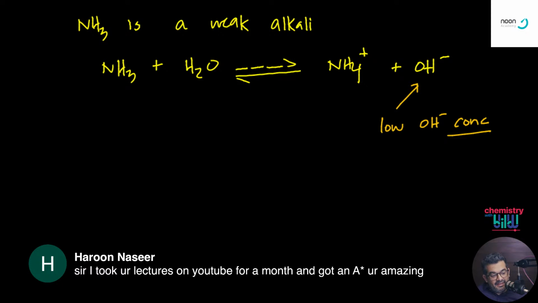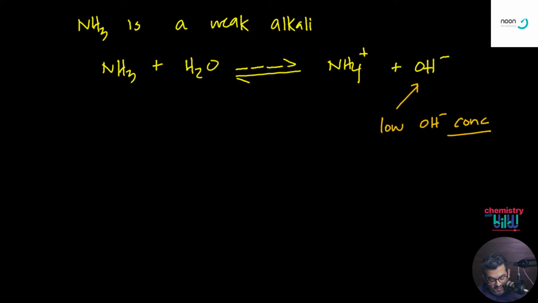By the way, all of these acids are aqueous. When I say acids and alkalis, I mean aqueous. Saad, the how part is done later. What I'm telling you is that anything that produces OH minus ions is an alkali, and anything that produces H plus ions is an acid. For example, HCl.